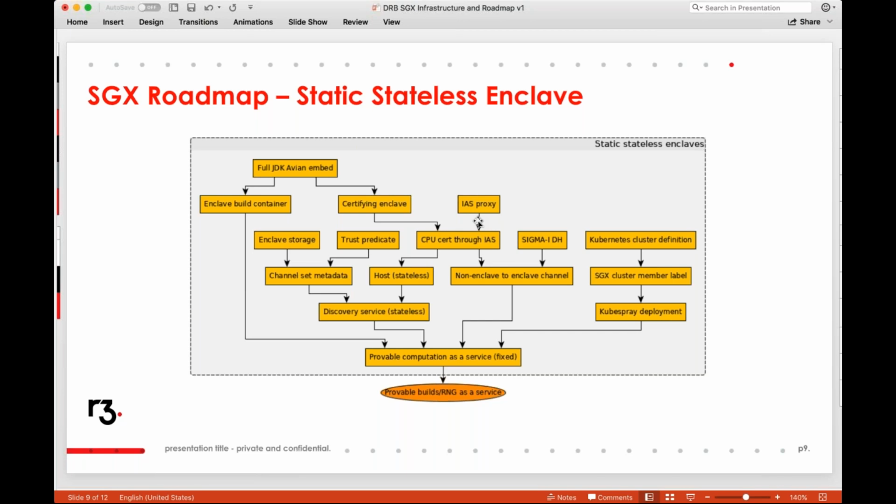There are some plans on how we're going to do this, but there's a lot of infrastructure we need to set up just for this. We also need to set up things like encrypted block storage, and we might want ORAM block storage so that you cannot infer things about the ledger based on the access patterns. There's just a lot of infrastructure that we need for stateful enclaves.